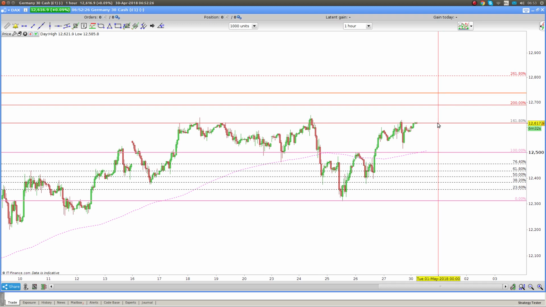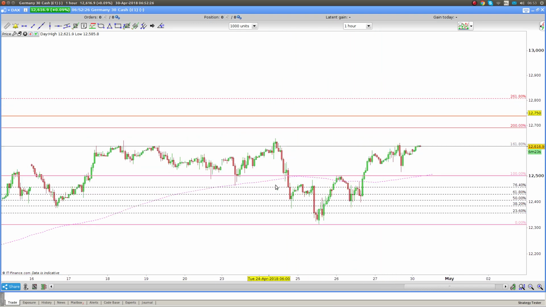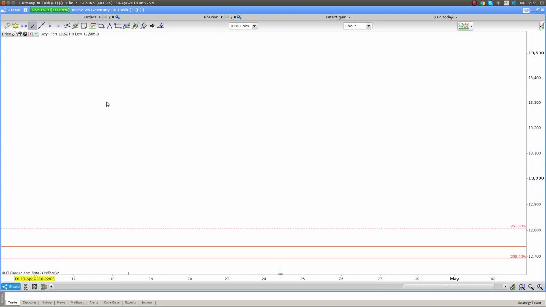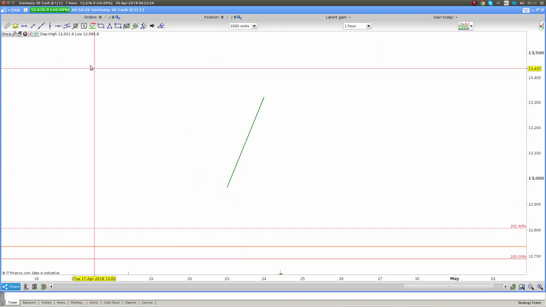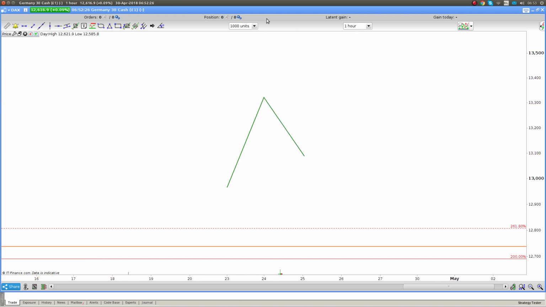Okay, so the Fibonacci really, you can see how price interacts with those levels on every move. So you're always expecting price to go up, then you're expecting price to come down, and then if you're in an uptrend, you're expecting price to go up here.